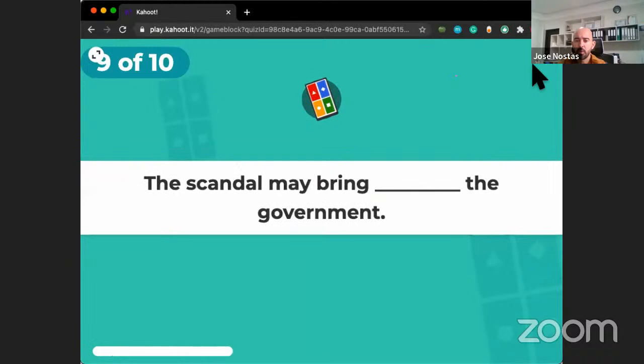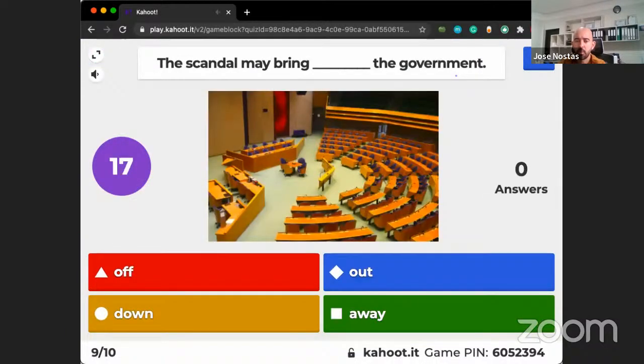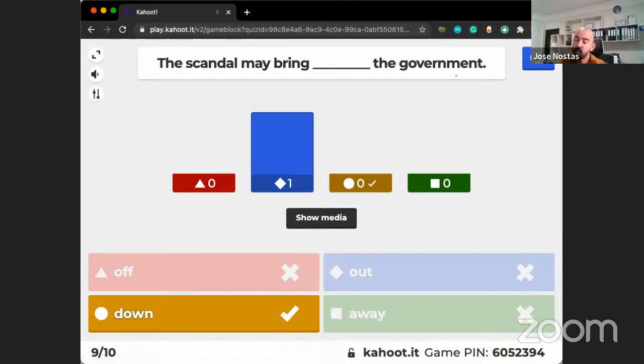The scandal may bring the government... Bring down the government.